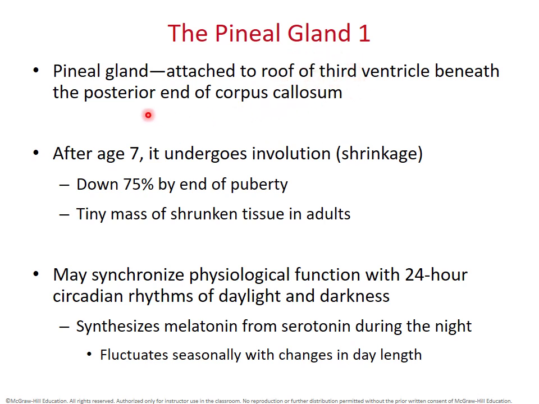It is a gland that tends to diminish in size as we age, so it is large up until about age 7, and then it diminishes by the time you get to be an adult. It doesn't stop functioning, it just reduces its size and functions a bit as we become adults.